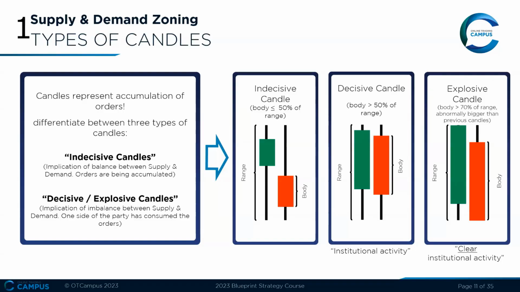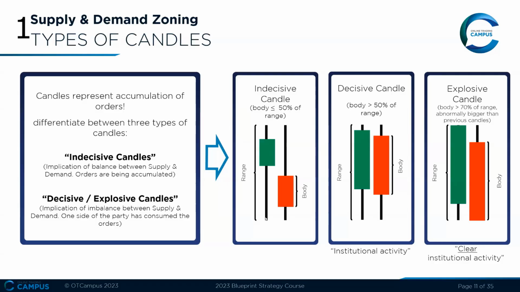As we know, candles represent transactions that have already taken place, so they represent accumulation of orders. And what you can see from left to right, if we start right here, is candles that have a small body and relatively large wicks.